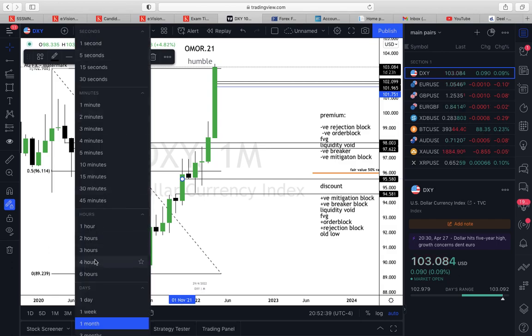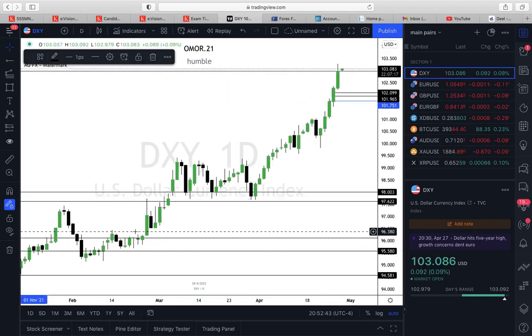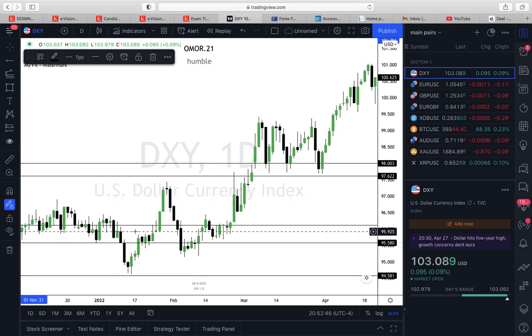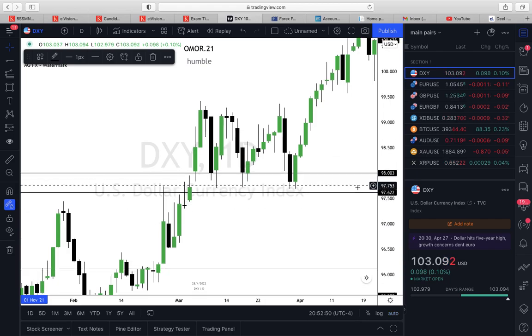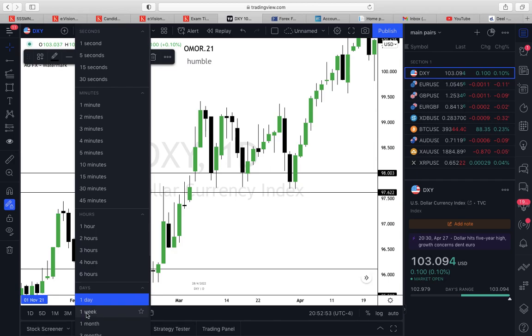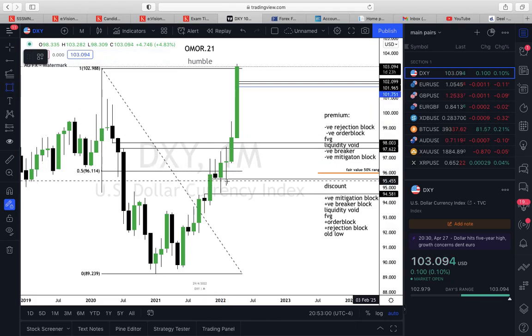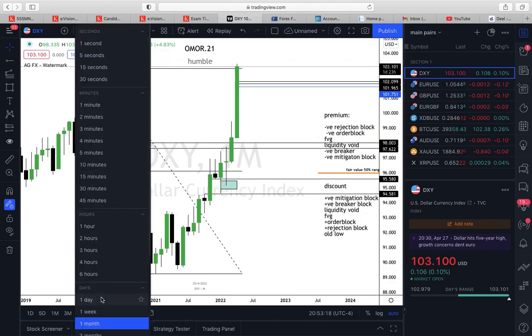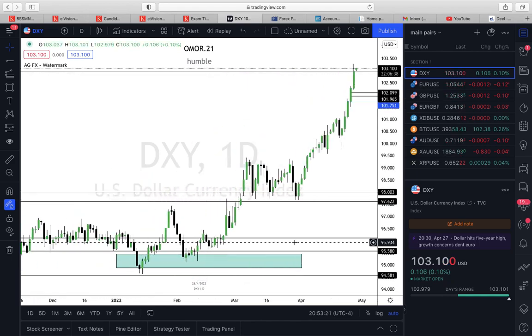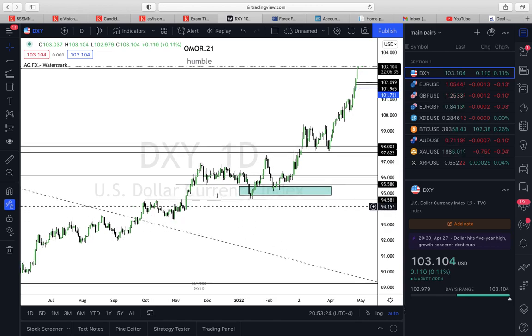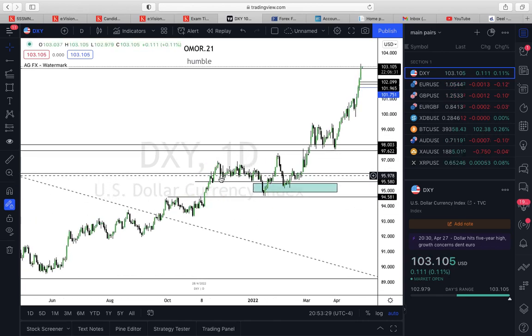If we go down into the daily, this was, let me go back to the monthly and highlight that. Look above here at the 50%. This is the 50% line.